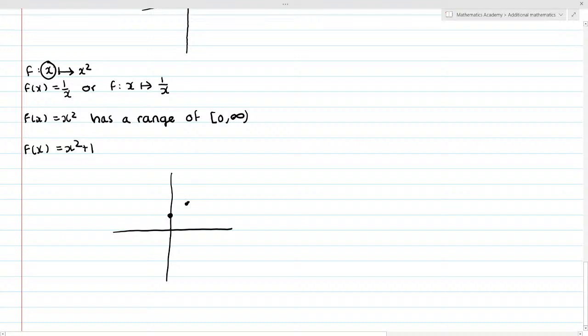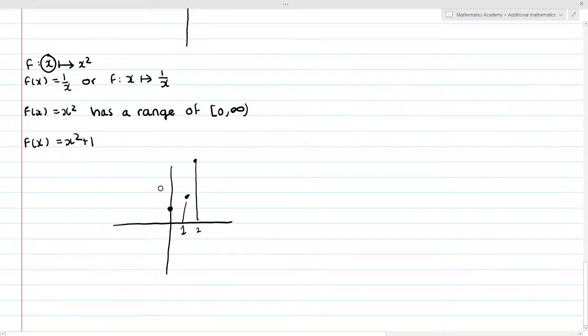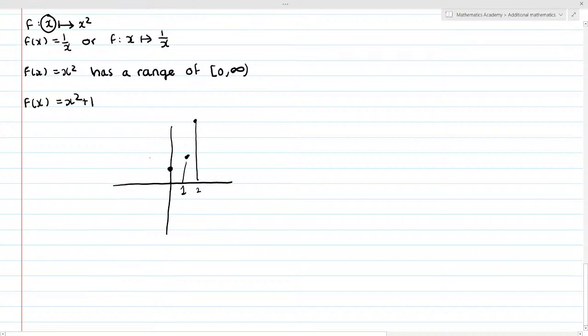When x is equal to 2, y is equal to 5. And by the way, we get the same values for negative x, because squaring a negative number gives the same result as squaring the positive of that same number, so it's just the reflection of the points on the negative x-axis. The curve that you get is also a parabola.